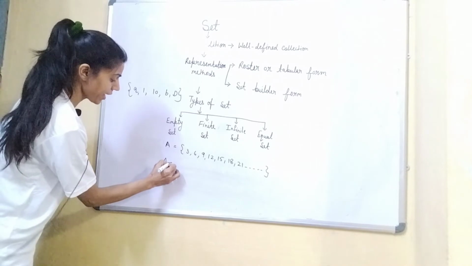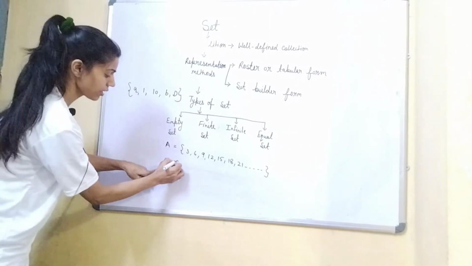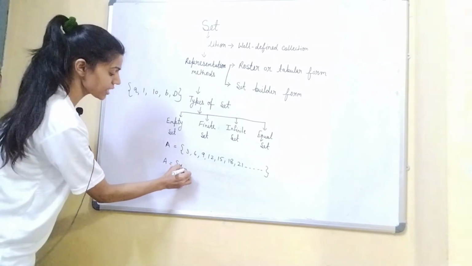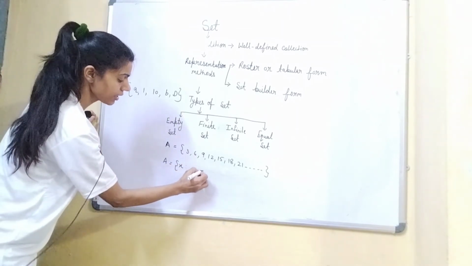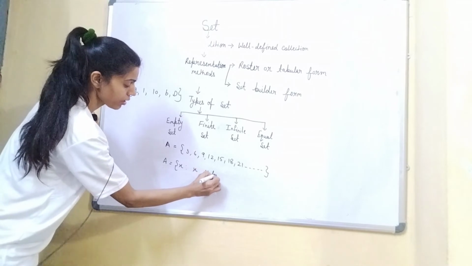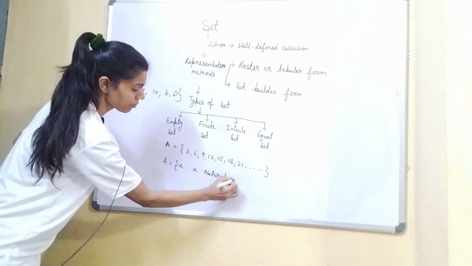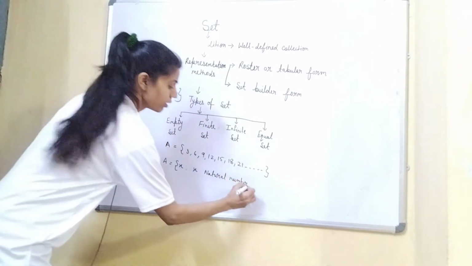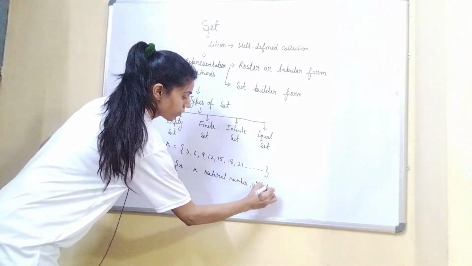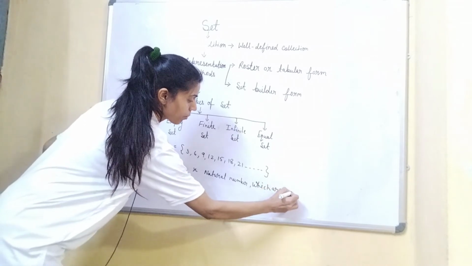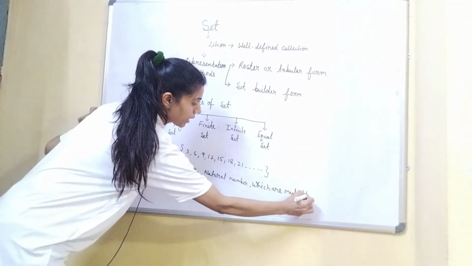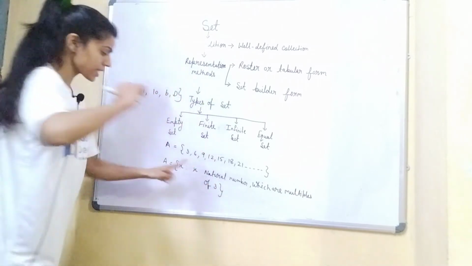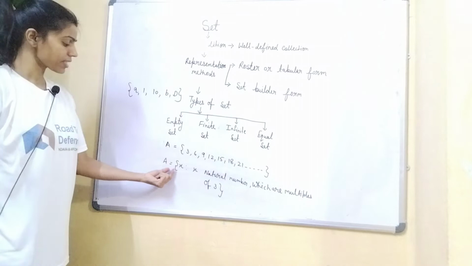So A is a set and its elements are represented by x, and x is what? x is natural numbers which are multiples of 3. So this sentence is generating this set.